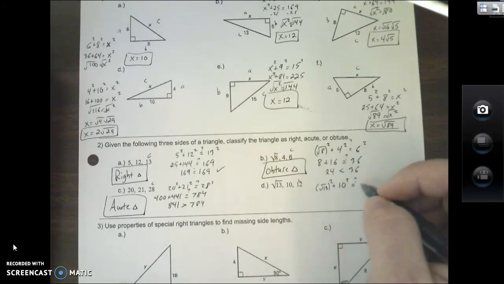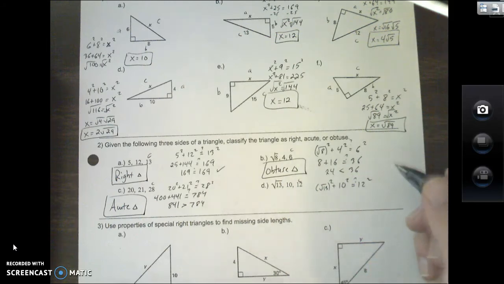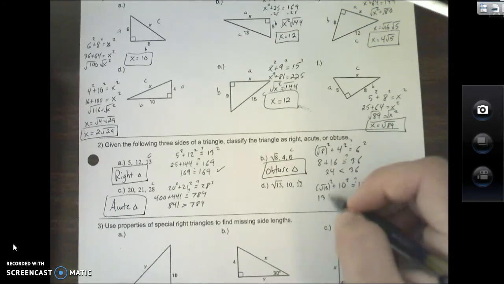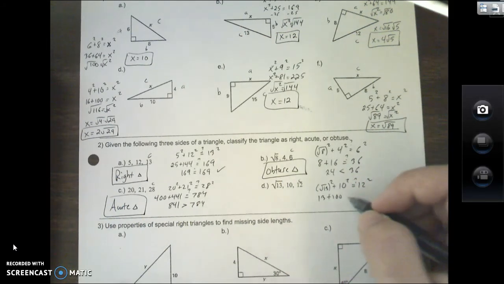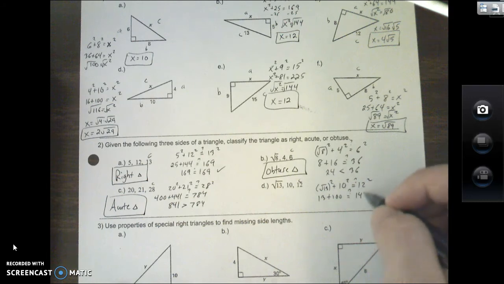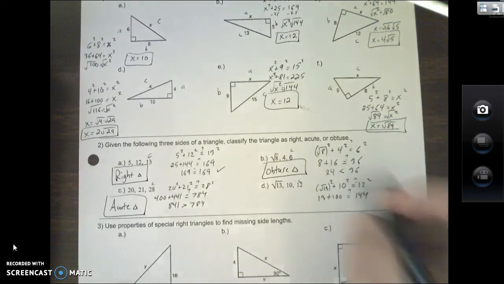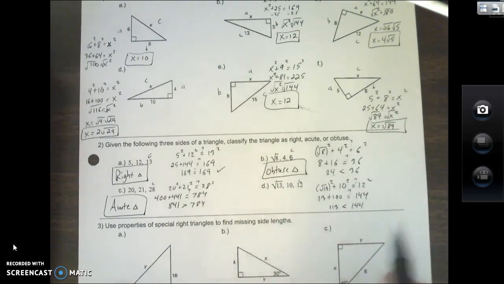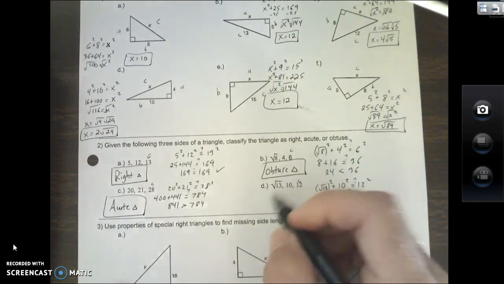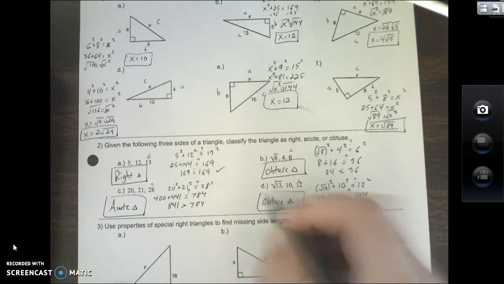See if that equals 12 squared. You're looking at 13 plus 100. See if that equals 144. It will not. 113 is less than 144. Because my c squared is larger, this would be an obtuse triangle.